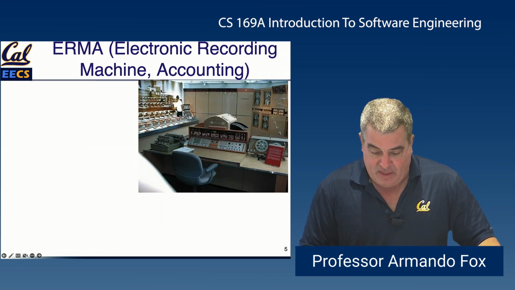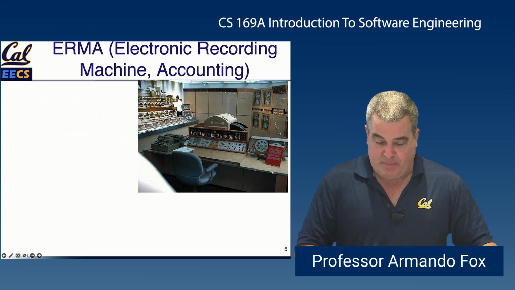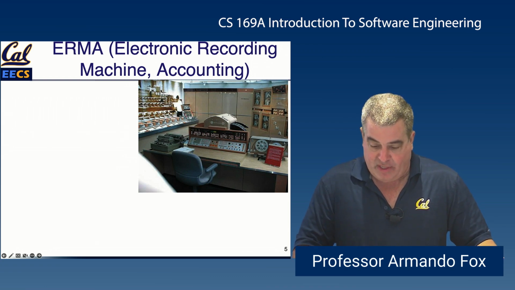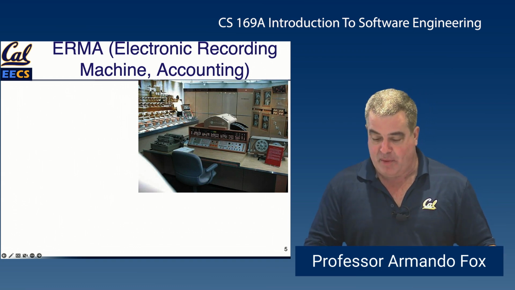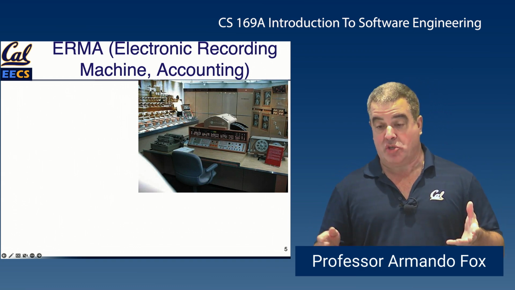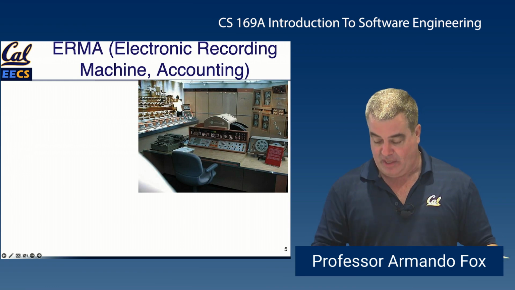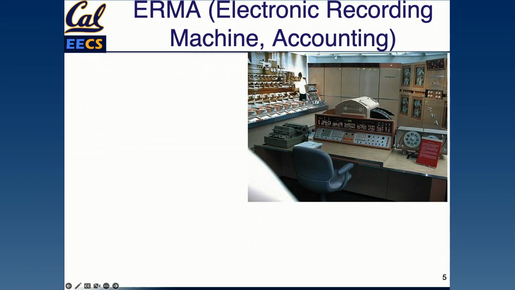So there was an adventurous concept that was hatched between Bank of America and SRI International to develop a machine. This is possibly the first example of software in the infrastructure, and certainly of software and computing in the service of finance, to design something called the Electronic Recording Machine for Accounting.